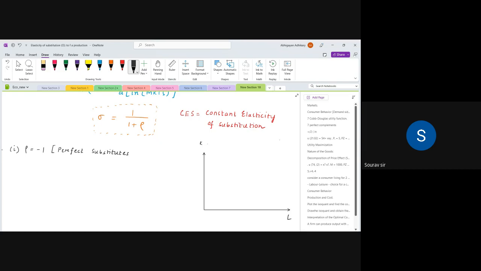Correct? We have seen this from the production function point of view. And we find from this above expression that if rho equals -1, then sigma tends to infinity. Correct?